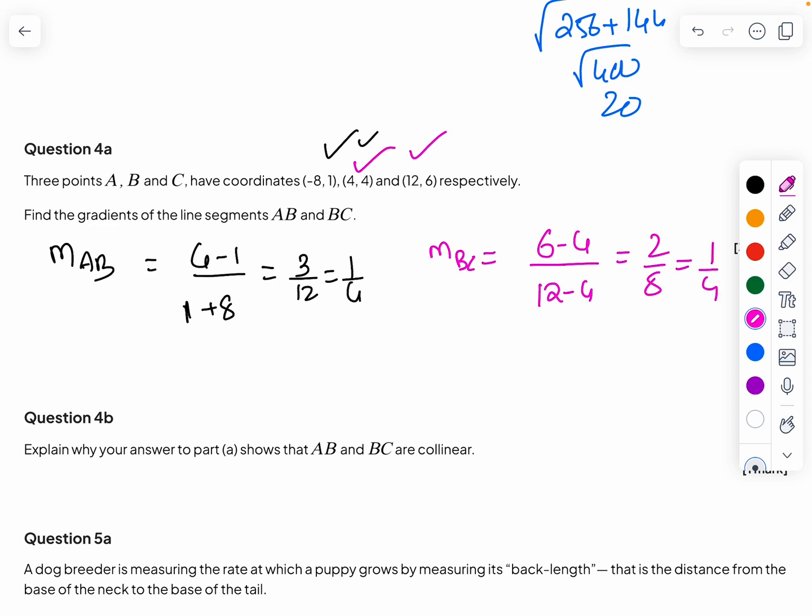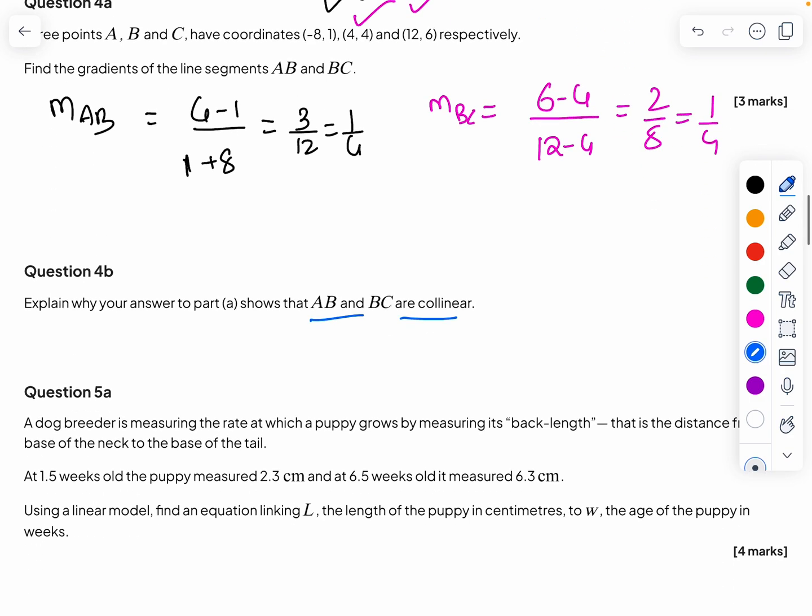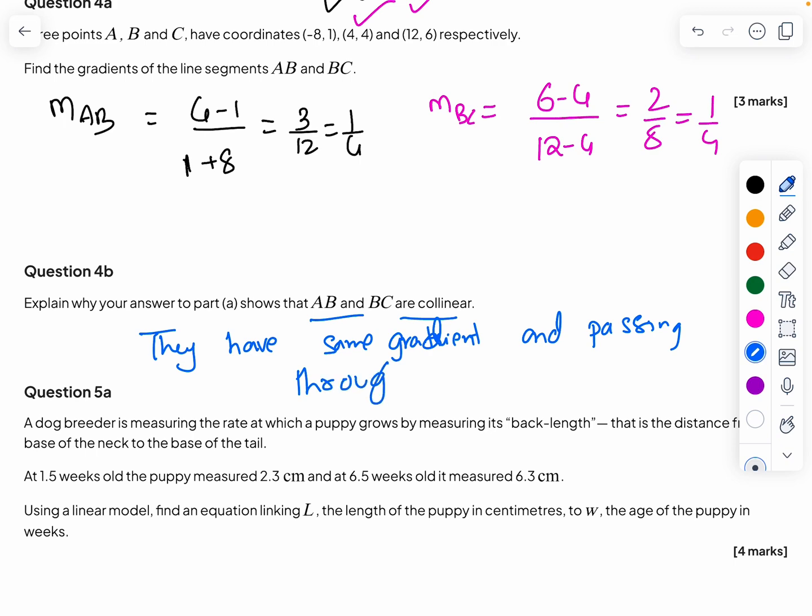Explain why AB and BC are collinear: because they have the same gradient and pass through the same point.